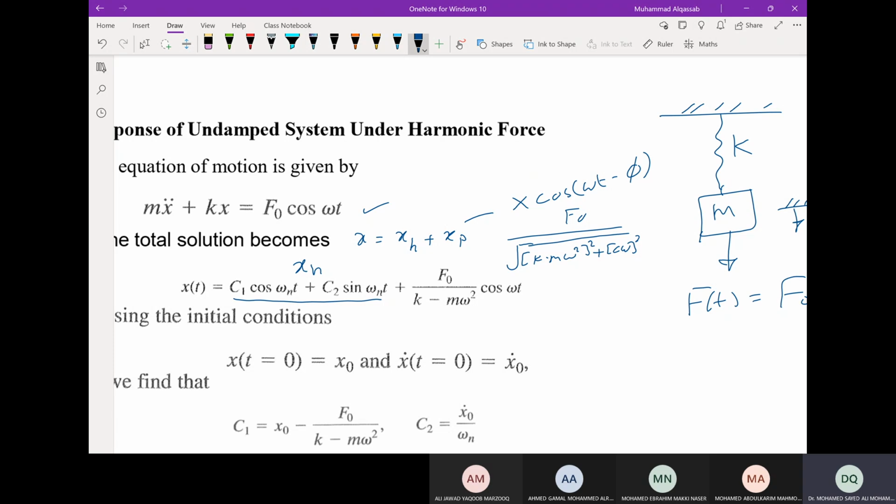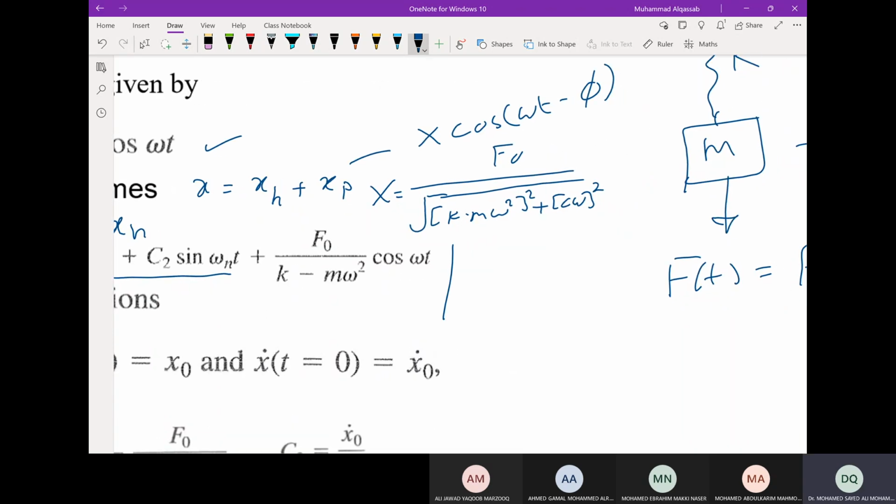So we have c equal to 0 here. For c equal to 0, that X becomes f naught divided by the square root of k minus m omega squared, all squared.